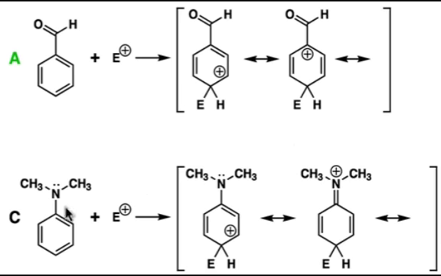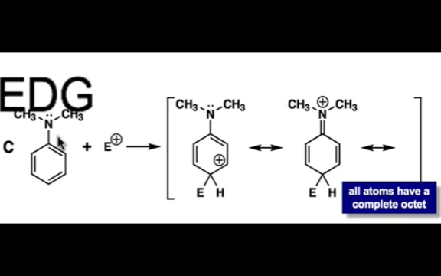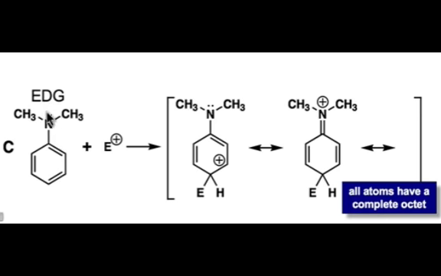What about in the case of this dimethylamino group? In this case, it's an electron donating group, and now we see a very beneficial effect of that substituent in activating the ring toward electrophilic aromatic substitution. In the A sub E step, we generate the positively charged intermediate shown here, and now we can take that pair of electrons and donate it into the ring and create an intermediate that has a complete octet of electrons on every atom.